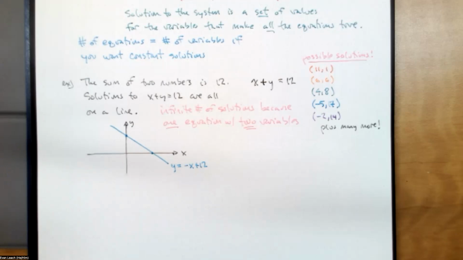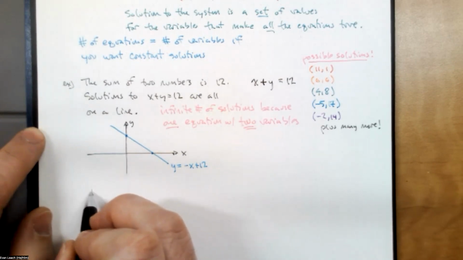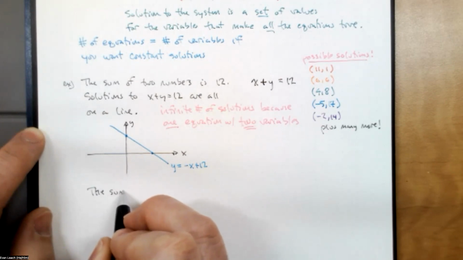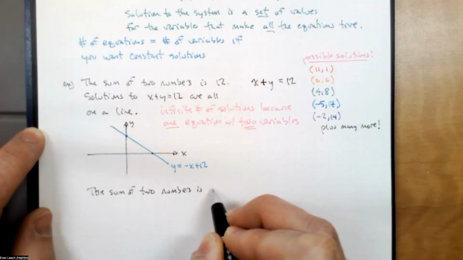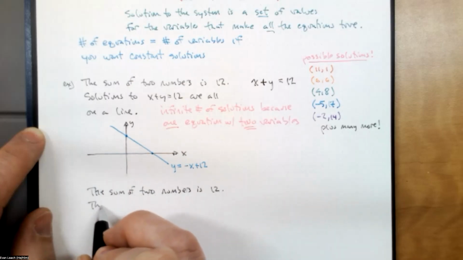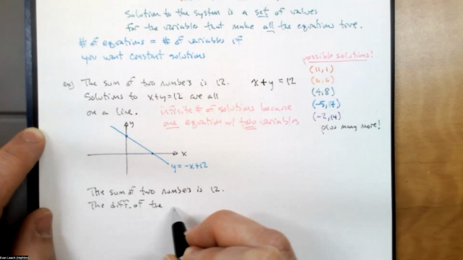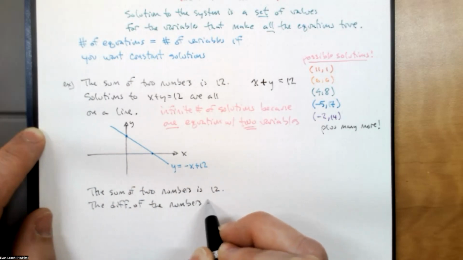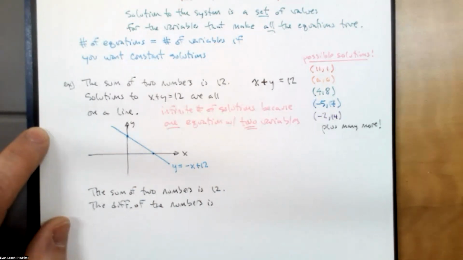Let's suppose that I want to narrow this down to one solution. If I throw another equation on here, if I give you another piece of information about what's going on, suppose that the sum of two numbers is 12, and the difference of the numbers is 4.